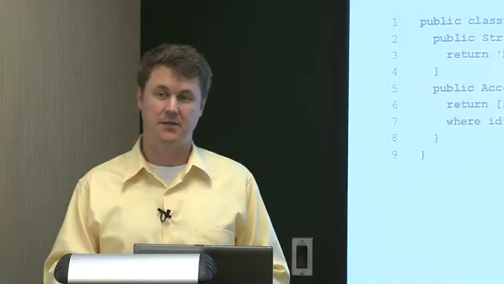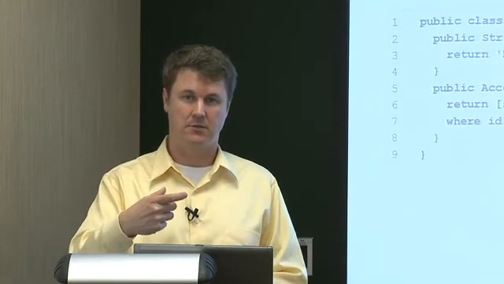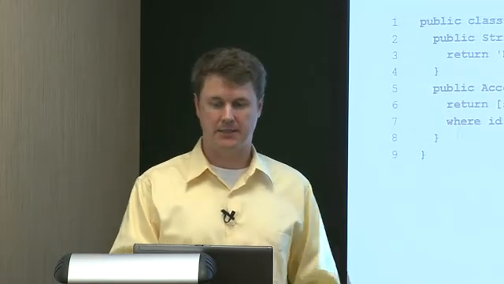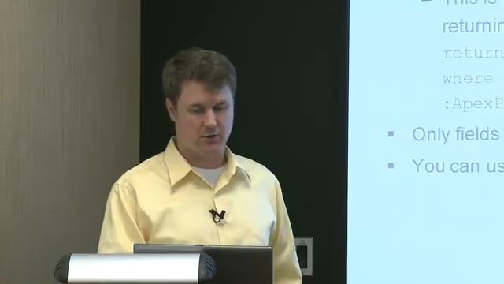What that does is it gets the ID from the query string parameters and uses that as a part of the query. Like I said, we'll come back to that in more detail later.